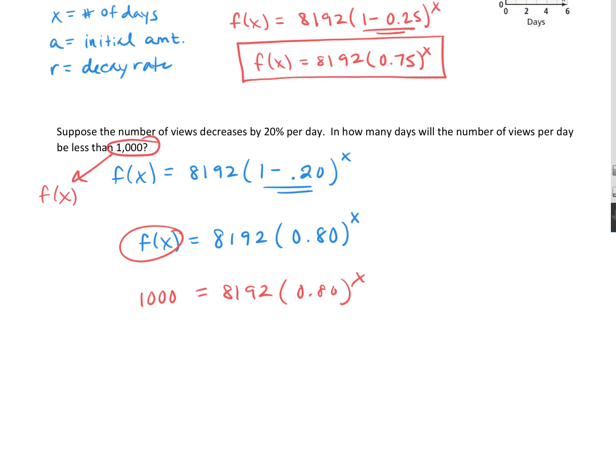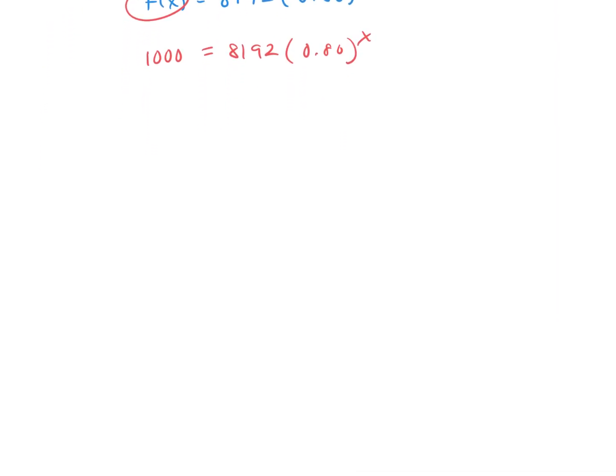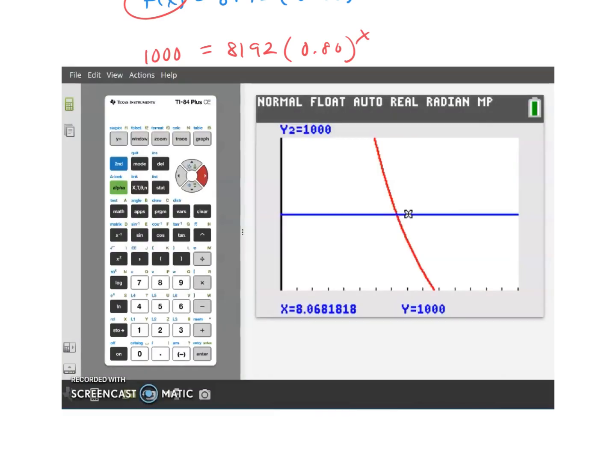So then what we did is we graphed this as one function, and we graphed that as the second function. That's what we did up above, and we're doing the same thing down below, or right here. And then where they hit each other, that's when they are equal to each other. That's called an intersection, and that's what we were identifying on the graph. So let's use the graphing calculator one more time to quickly get this answer.